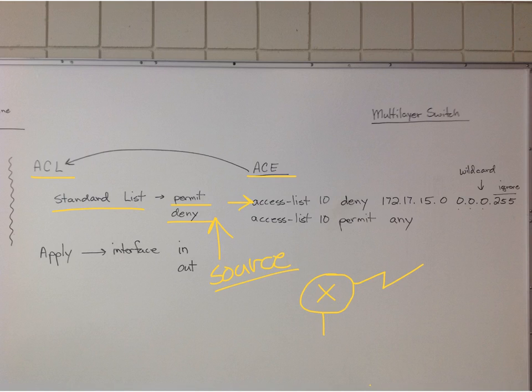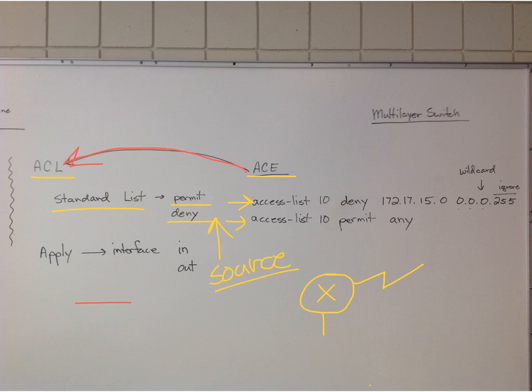So we have a scenario here. We created these entries, and so let me switch colors here. So entries go into a list.